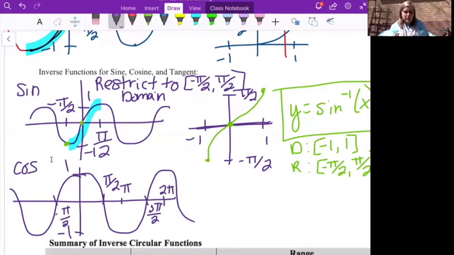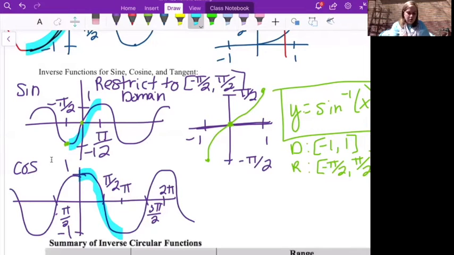So now if we look, we can actually restrict it between 0 and pi, because if we just look at what I highlighted in light blue, we don't have any repeats, or it passes the horizontal line test, which means that then whenever we flip it, it would pass the vertical line test.